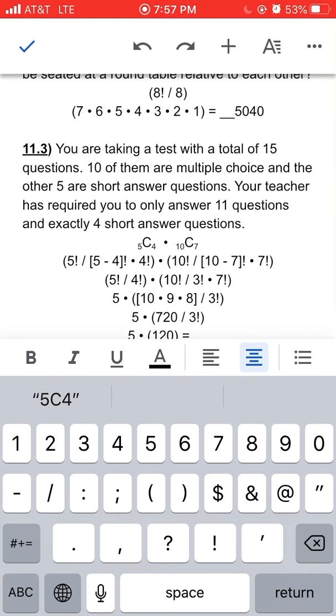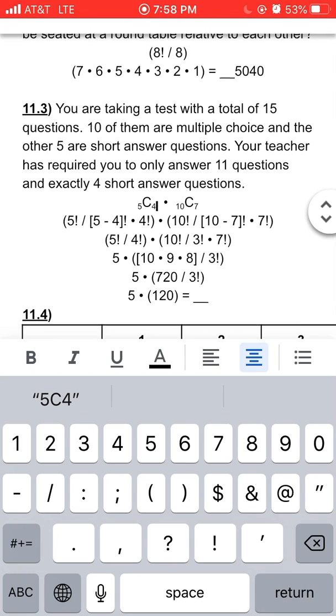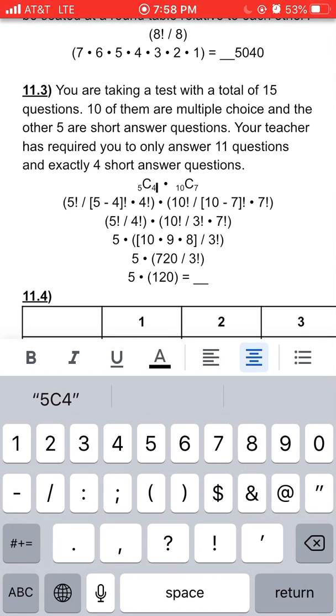And this is where I mess up on the question. I probably should have said first two short answer questions or so, but I basically set it in stone that for the equation, it's gonna be 5 choose 4 times 10 choose 7, and this is the only way to solve this problem. That's why it's flawed and fallible.